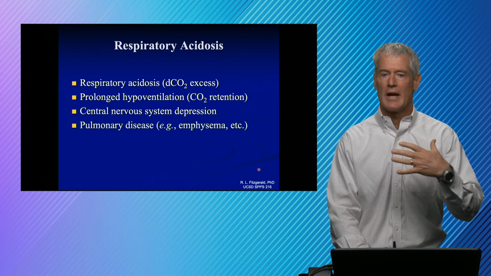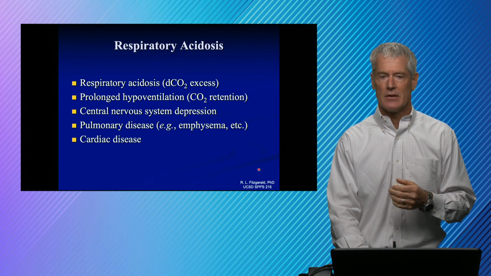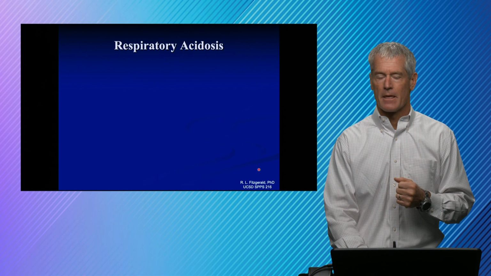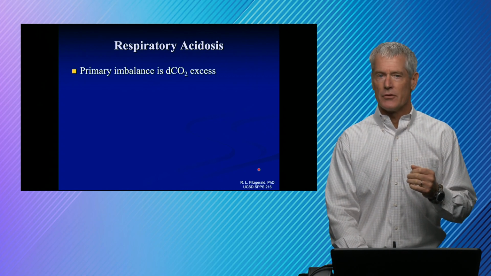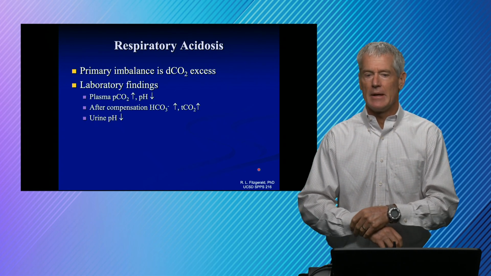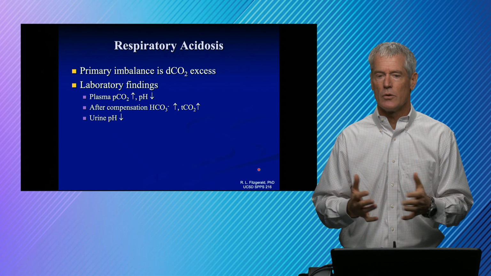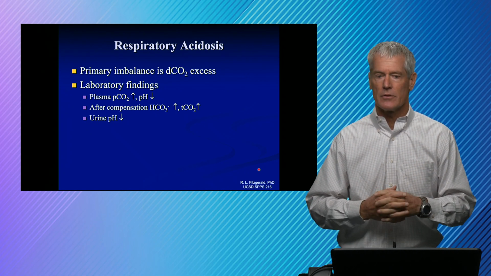Pulmonary diseases where you can't exchange CO2 effectively, cardiac disease, same thing. So again, in a respiratory acidosis, the primary imbalance is an excess DCO2, and lab findings are going to be obviously an increased PCO2, a decreased pH that defines it as a respiratory acidosis.